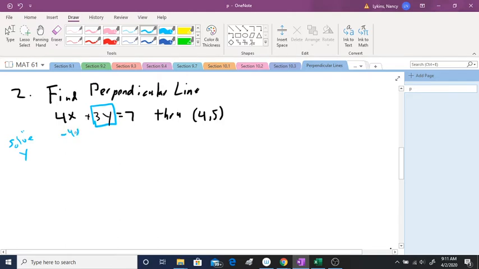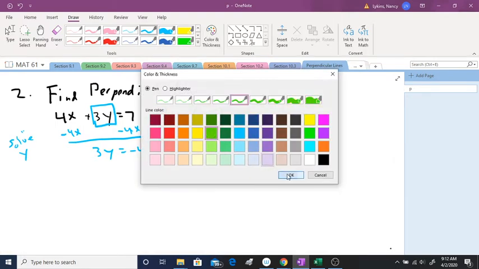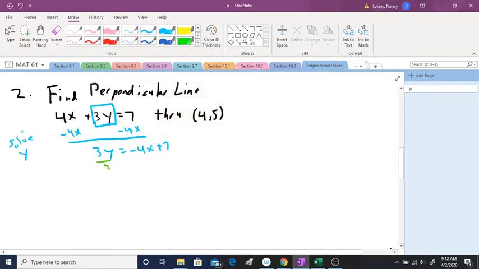Then I'm going to subtract 4x on both sides, and I'm going to get 3y equals negative 4x plus 7. And then to put it in mx plus b form, divide by 3. y equals negative 4/3 x plus 7 over 3.